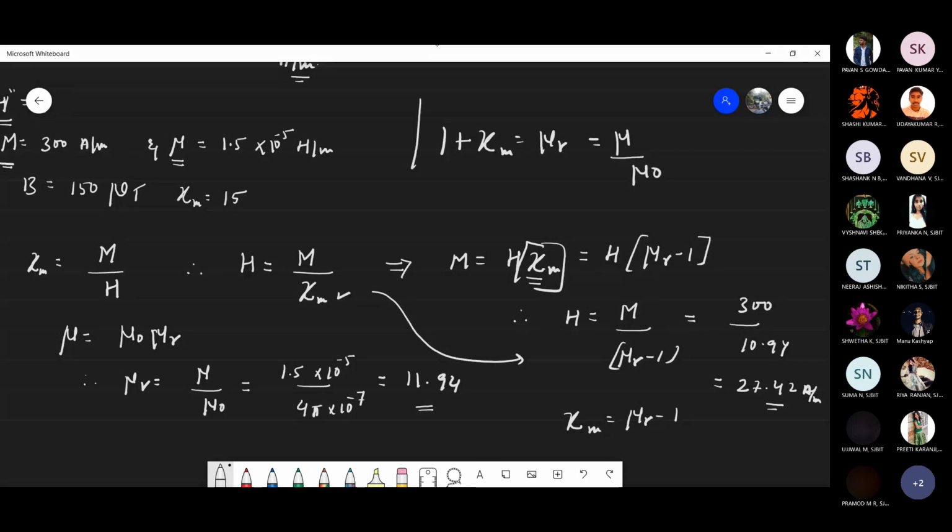You have to remember this equation. Susceptibility is equal to permeability minus 1, mu r minus 1, and you get 27.42 ampere per meter. This is H.